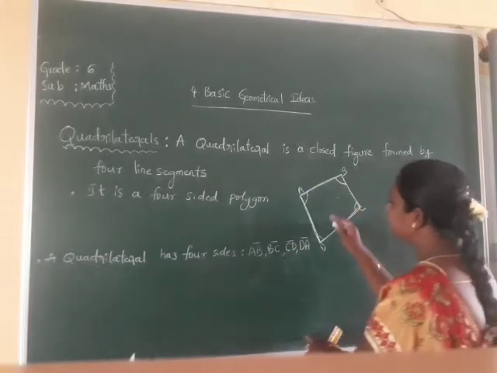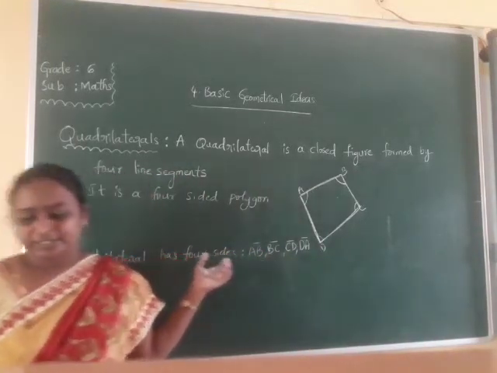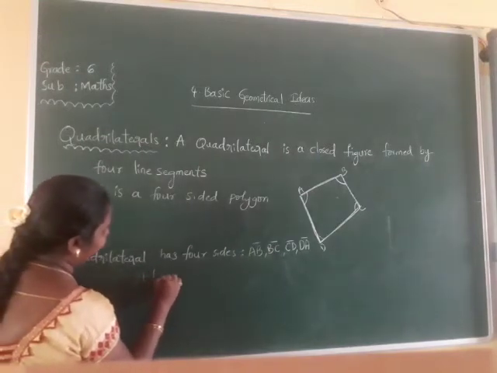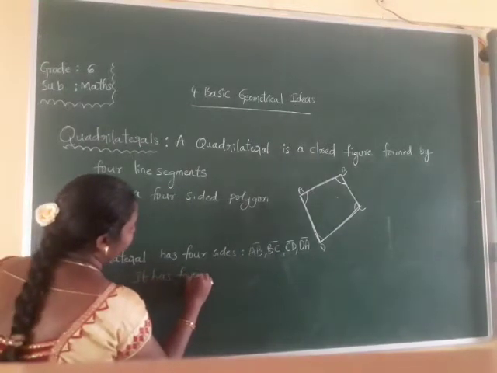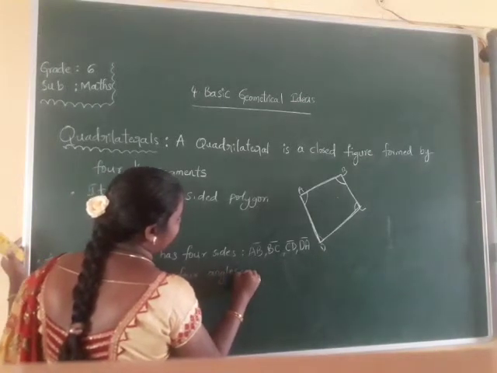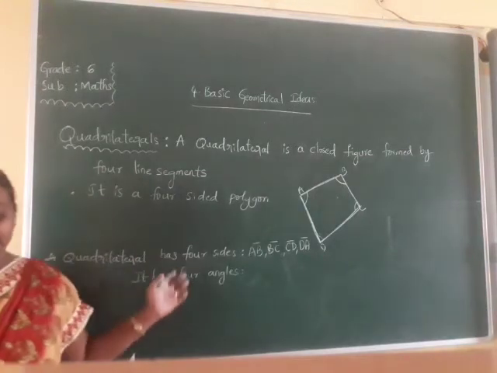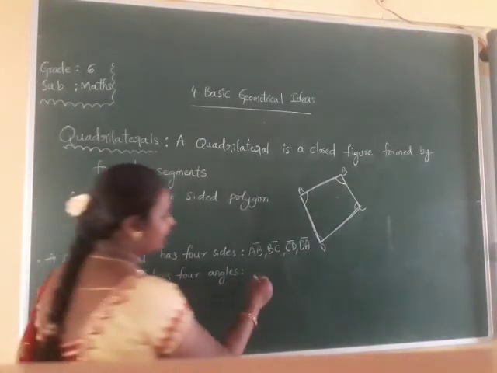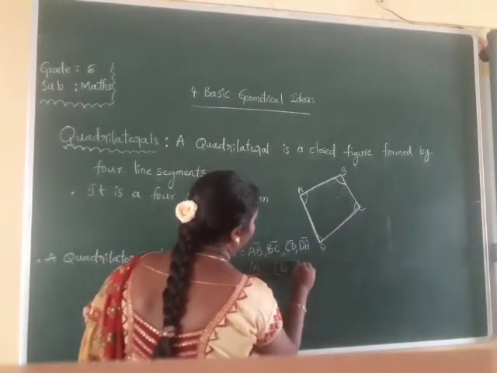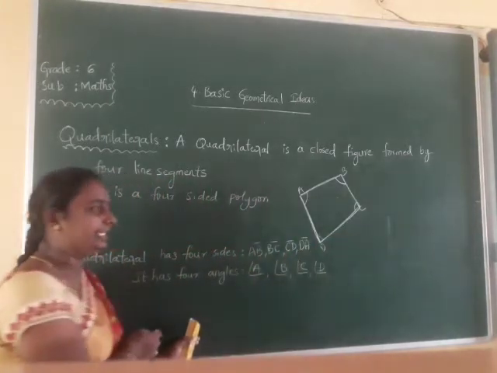It contains four sides, and it has four angles also. Name the angles of the quadrilateral: angle A, angle B, angle C, and angle D.